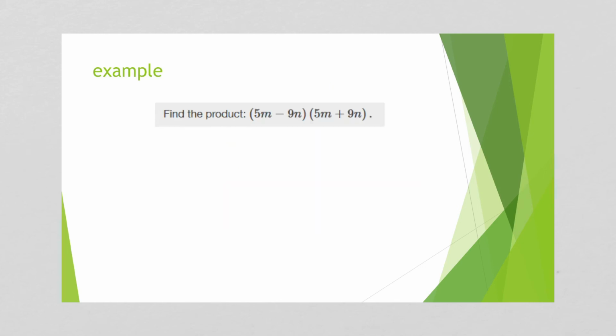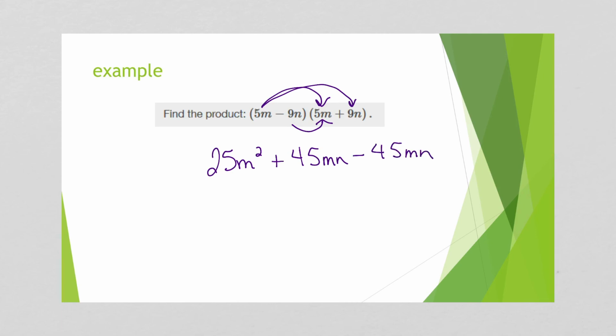All right, do we have a conjugate pair here? That and that match? Yep. That and that match, but one's a plus and one's a minus, so yep, I think so. 5m times 5m is 25m squared. 5m times 9n is positive 45mn. Negative 9n times 5m is negative 45mn. Notice I wrote that in alphabetical order.